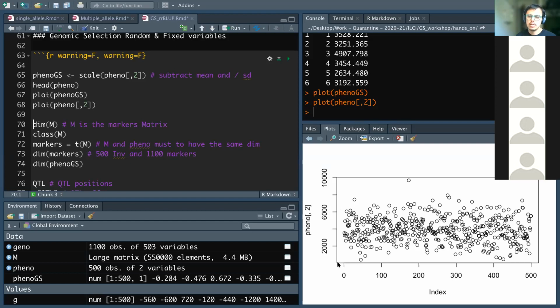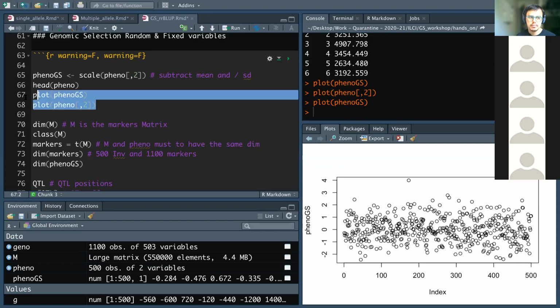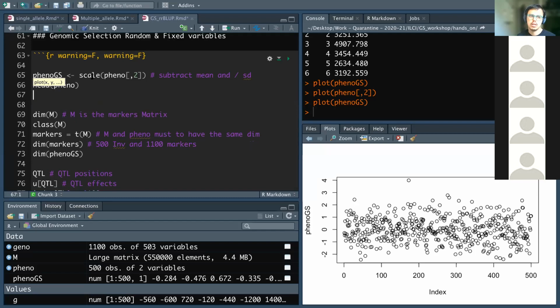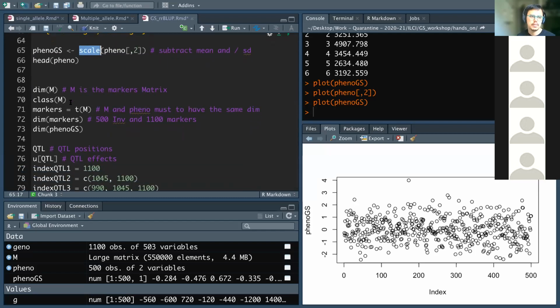So the original data was between 1,000 and 10,000 or more, and when we scale the data, as you can see here, now the variation is smaller, and it seems that when we scale the data, it's easier to capture the additive effects. So that is why we're going to scale the data here. And then we need to put together the phenotype and the marker effects.